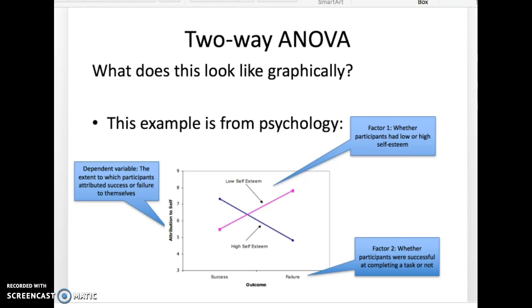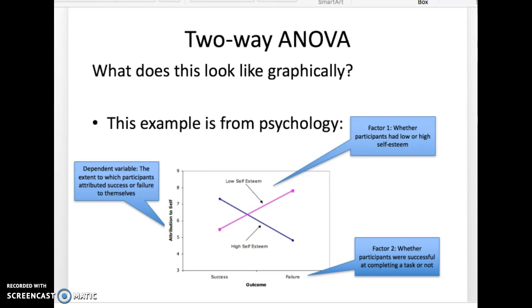So what does this look like? This graph lets us try to depict and hopefully clarify what I mean by an interaction. So this is an example from psychology. And you see in this graph, I have on the y-axis attribution to self.